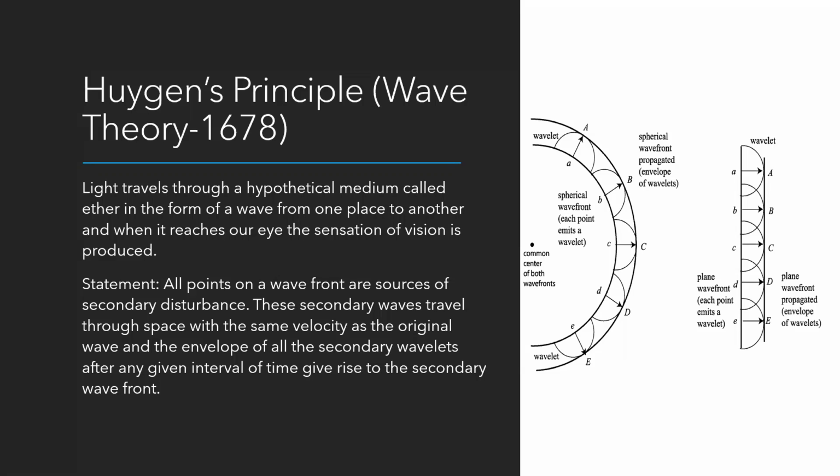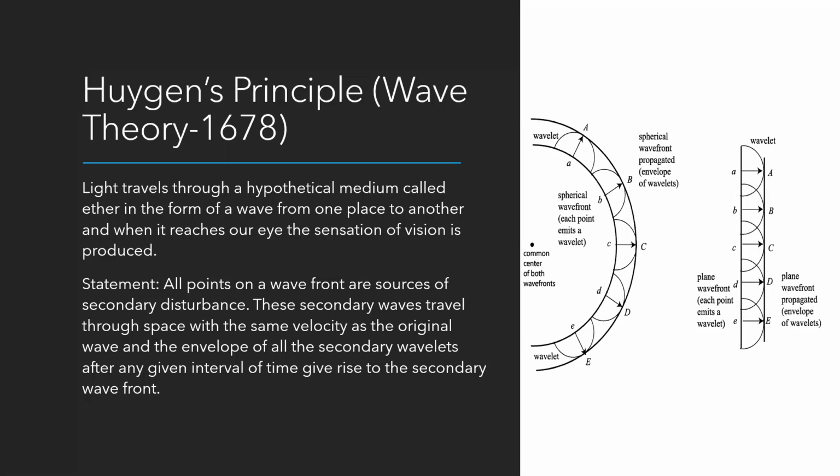As I told you before, Christian Huygens put forward this theory in the 1600s, and the scientific world at that time was not ready to accept the Huygens principle. Later, he theoretically showed that with his principle, he can derive the law of reflection and the law of refraction.